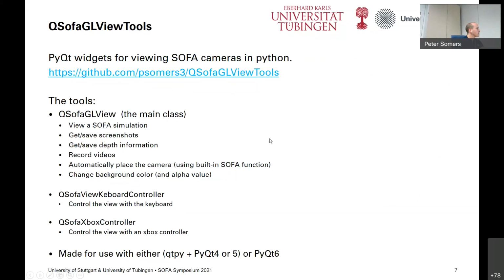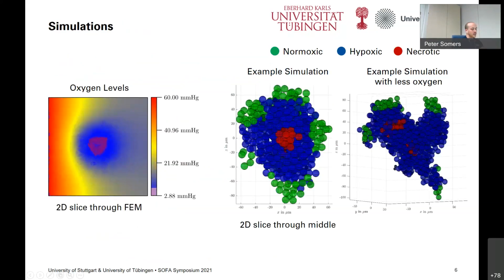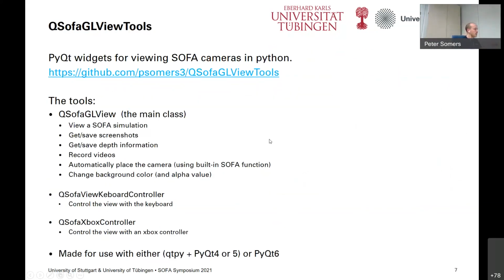And then I'll jump quickly into these view tools that were basically built side by side with that other work, basically to help the student view the simulation, and also help me and my colleague here in the office with throwing together new simulations in SOFA.